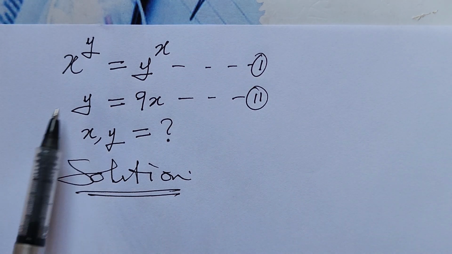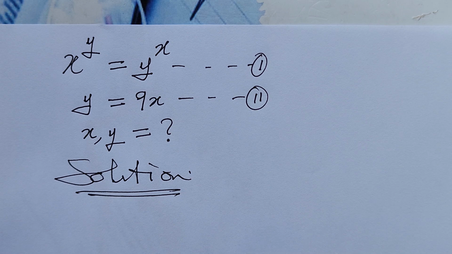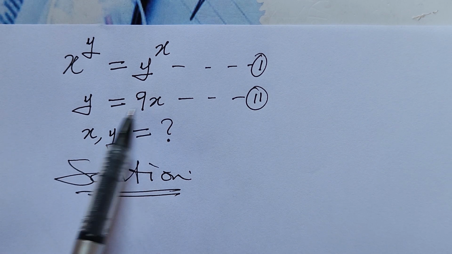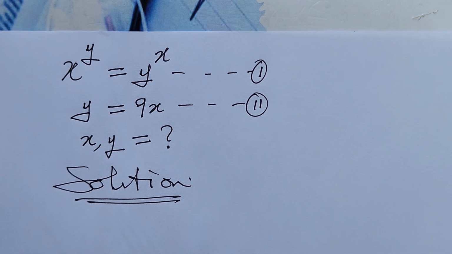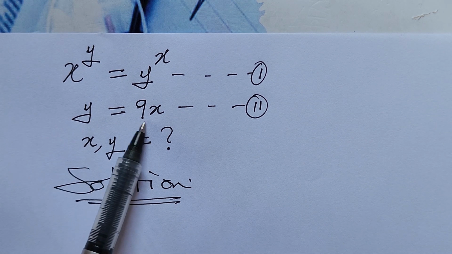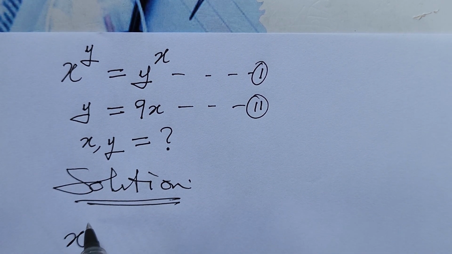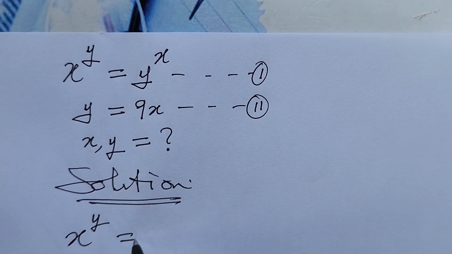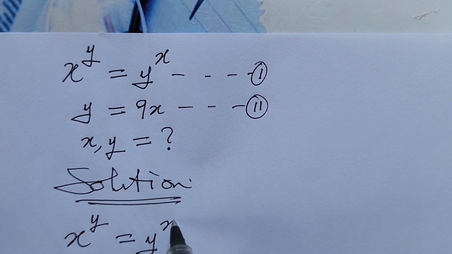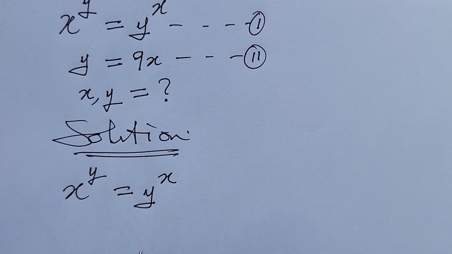Now from our equation 1, what we want to do is to substitute for our y. Wherever we see y, let's put in 9x. So let's put down the original equation, which is equation 1: x to the power of y is equal to y to the power of x. Good. So let's put equation 2 into equation 1.